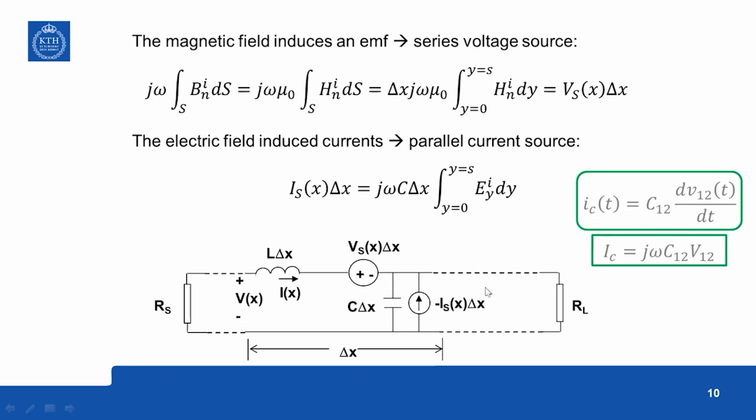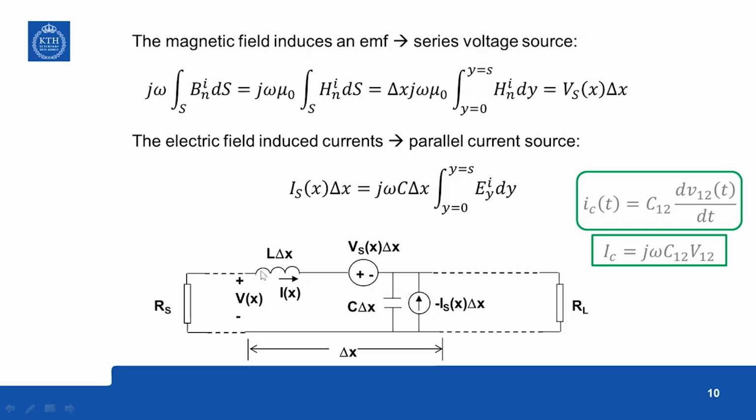That is the only difference. An important difference is that this C here is the capacitance between these two wires and not the coupling capacitance as in the previous case. Since this is positive and this is negative, but we assume the direction of the current upward, we put a negative sign in front.